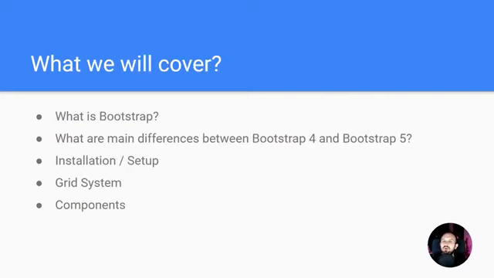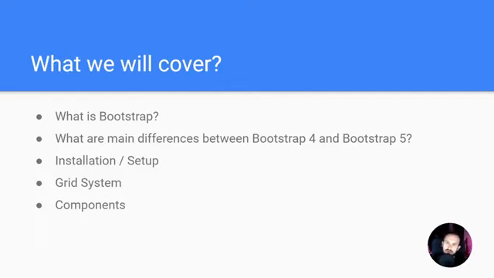Okay, so what we will cover in this crash course: what we already discussed, what Bootstrap is. I'm also gonna give you a small comparison of the main differences between Bootstrap 4 and Bootstrap 5. What has changed? And then we're gonna move to the practical part, which will take most of the time in this crash course.